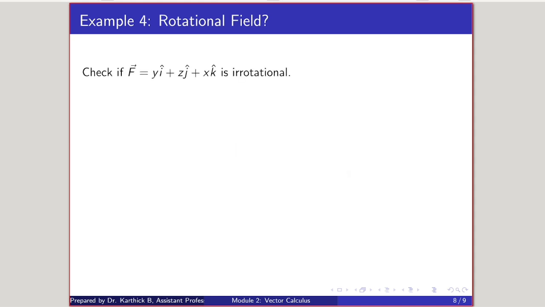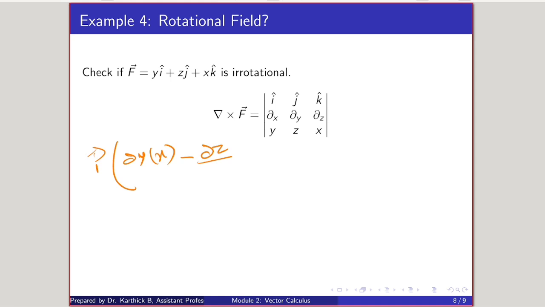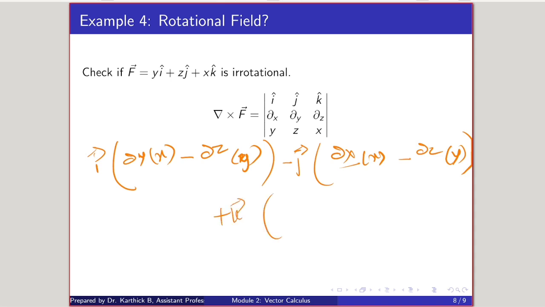Next, we want to check whether this is irrotational or not. Similarly, we will find the matrix, and here it will be i vector into dou by dou y of x minus dou by dou z of y, and minus j into dou by dou x of x minus dou by dou z of y, plus k vector into dou by dou x of z minus dou by dou y of y.